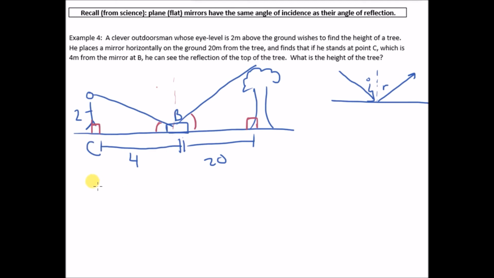We have a triangle on this side that's simply 4 and 2, and it's CB, let's call this A. On the triangle on this side, this is B, so we have ABC, and let's call this D and E. We want to find DE, the height of the tree.